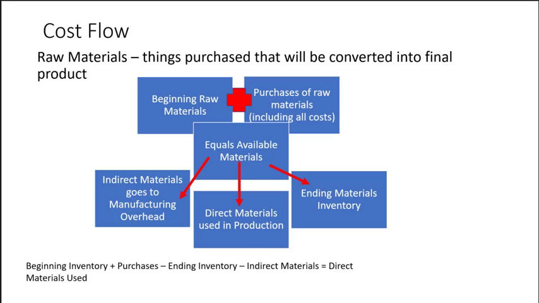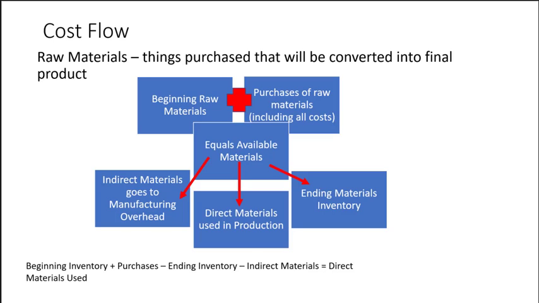So some formulas to help us calculate, help us track these costs. First of all, raw materials. We take what we had to start, beginning raw materials, we add all the stuff we bought during whatever accounting period we're doing. Those two together equal our available materials. This is a total pile that we could use.